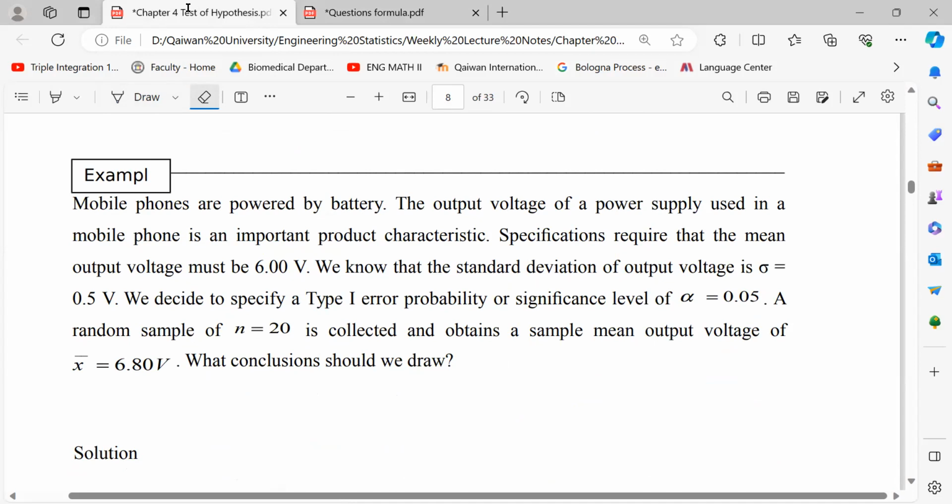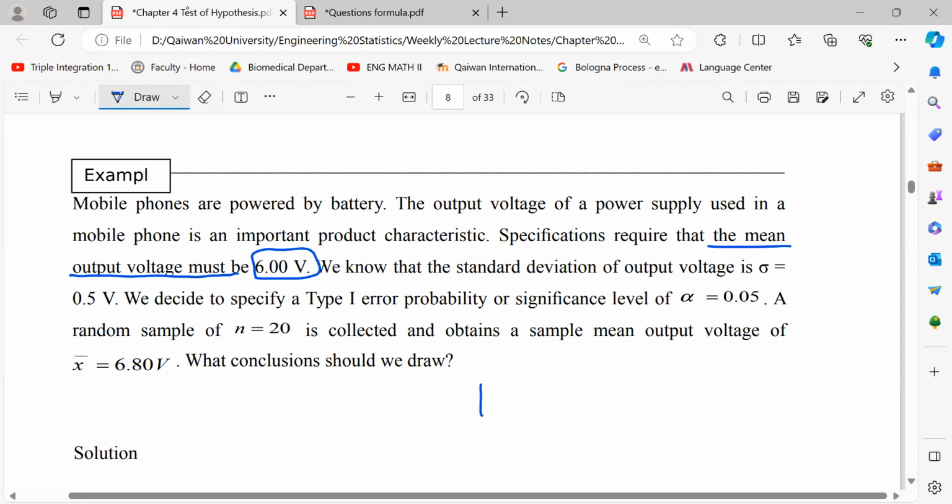Specifications require that the mean output voltage must be 6. So this is the null hypothesis. What if it is more or less? Let's see if it's more or less or both. I mean, it doesn't equal.